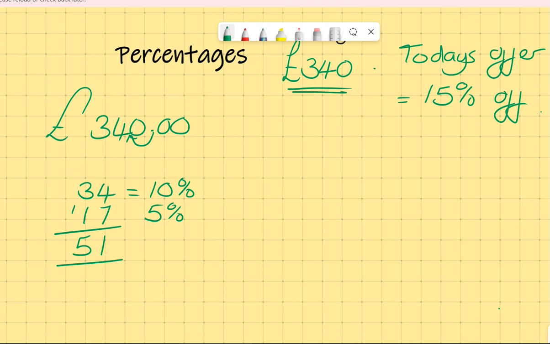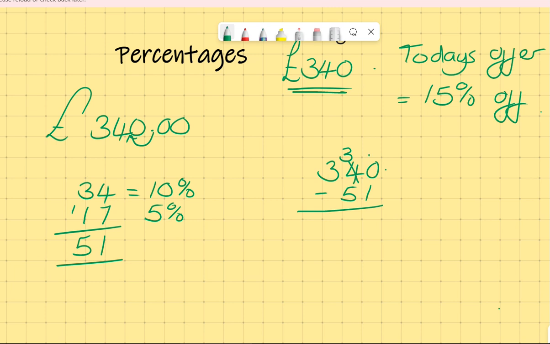So you take your jeans to the counter and then you think, how am I going to work this out? £340 minus your £51. Remember, you're taking it away this time because there's percent off. So 0 take away 1, you can't do it.